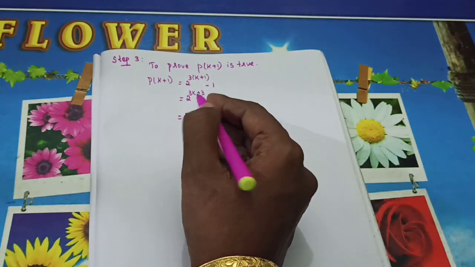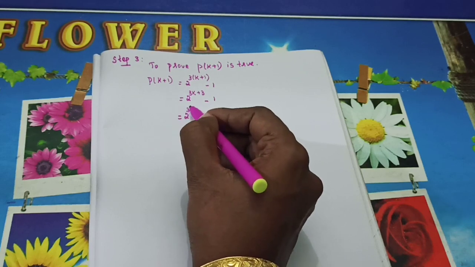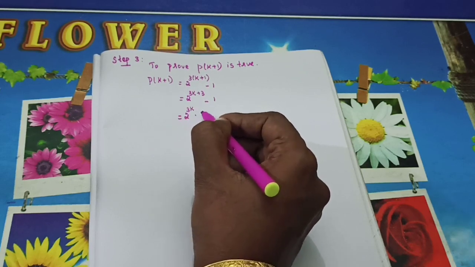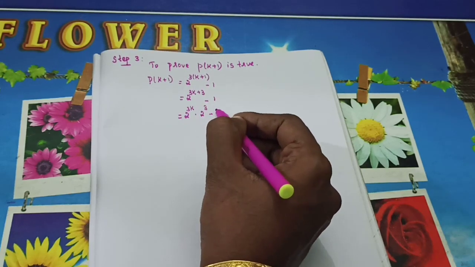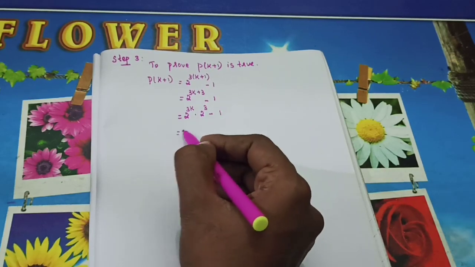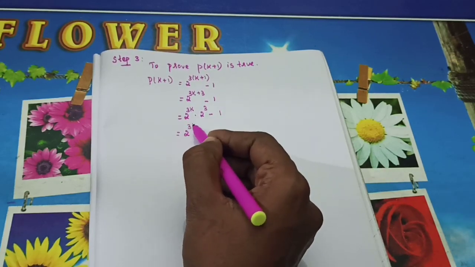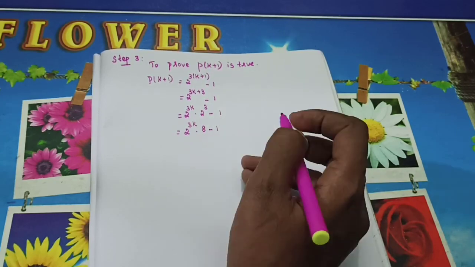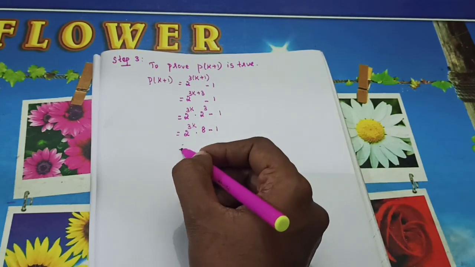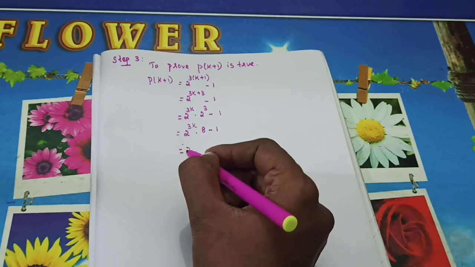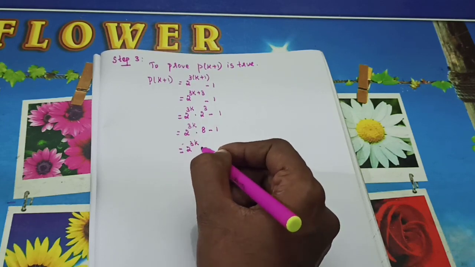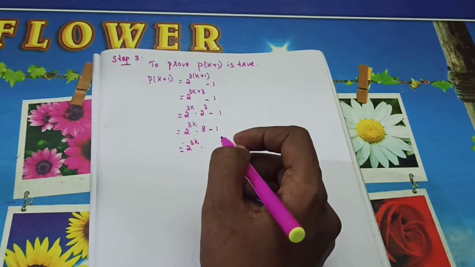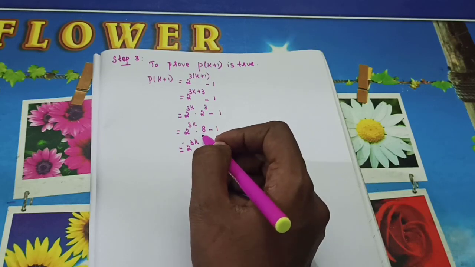Now shall we split this as 2 power 3k into 2 power 3 minus 1? That's equal to 2 power 3k into 8, minus 1. Shall we write this 8 as 7 plus 1? Why are we writing 8 as 7 plus 1?